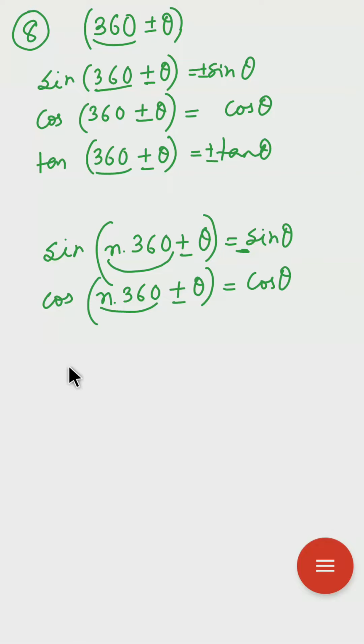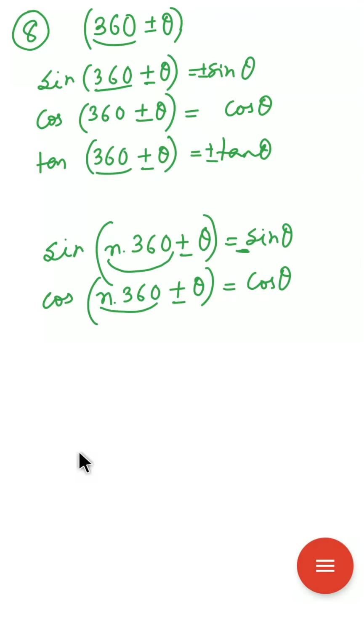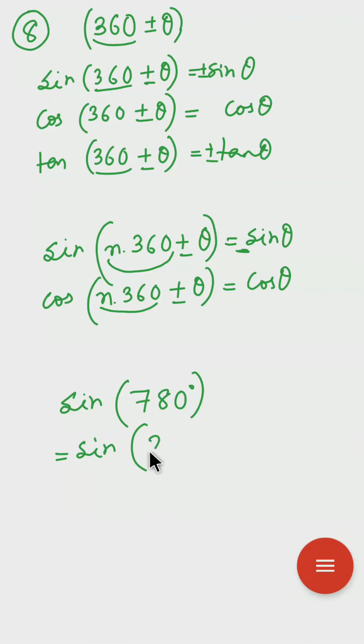Let us, for an example, try something so that we can understand this problem much better. Suppose we have to find out the value of sine 780 degrees. Now we can write 780 degrees as 2 times 360 degrees, which is 720 degrees plus 60 degrees.